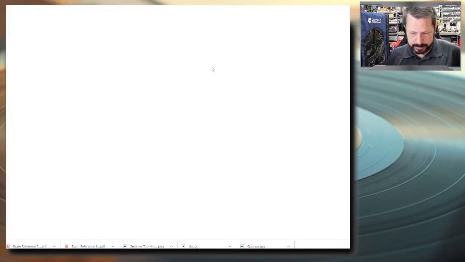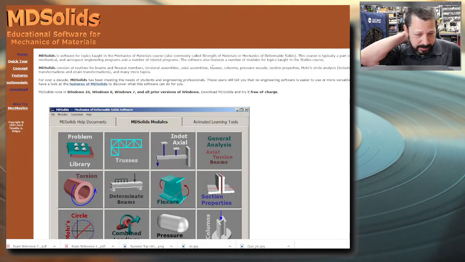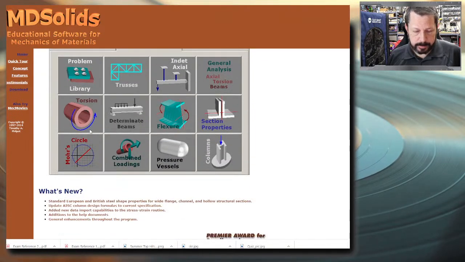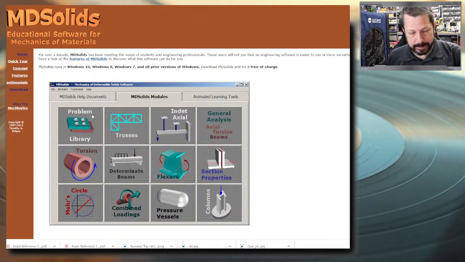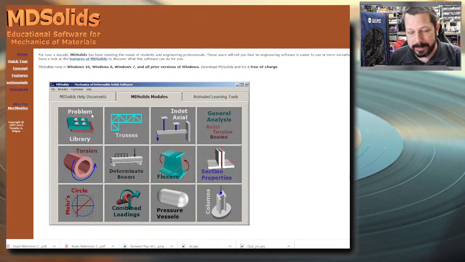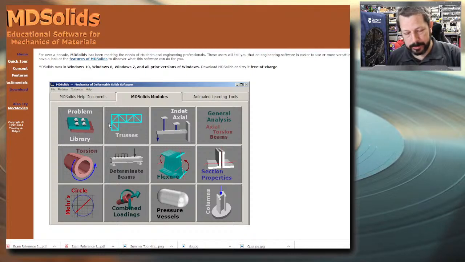MD Solids, I think I mentioned it before. This is a free calculator tutorial that does a lot of different things related to mechanics of materials, and I really like it. Its interface maybe is outdated, but once you're used to it, it does a lot of stuff. It can do shear and bending diagrams.